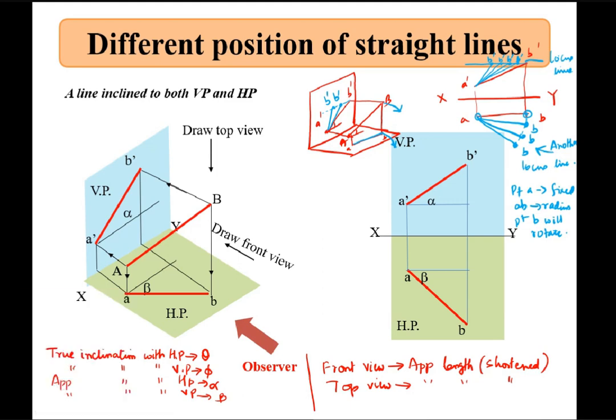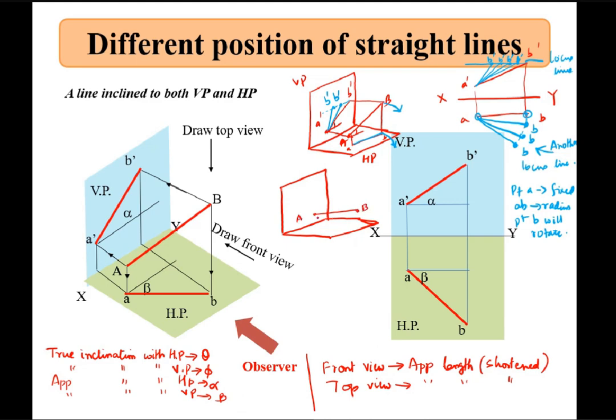Say this is your VP and this is your HP. Now say I have a straight line which is inclined to VP like this. This is AB.